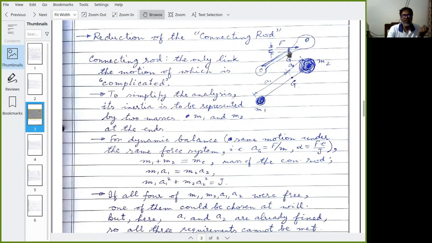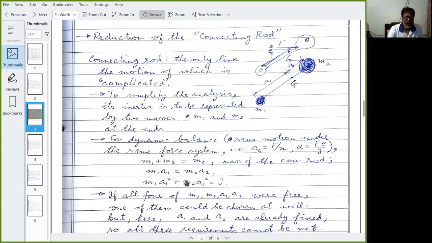A1 is basically the distance of G from this end, and A2 is the distance of G from that end. So A1 and A2 are already settled; we cannot adjust them in order to satisfy the conditions. Three requirements have to be satisfied, but two of the four parameters are already given, so we can play with only M1 and M2. Playing with only two parameters, we can never really satisfy three requirements completely.